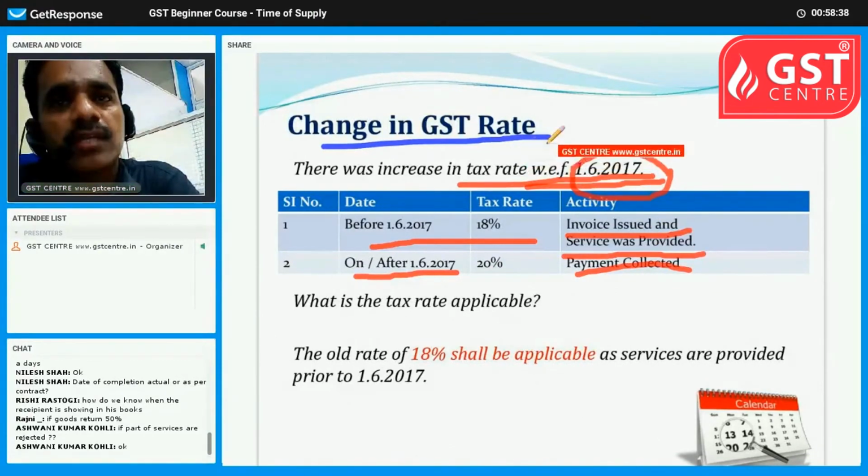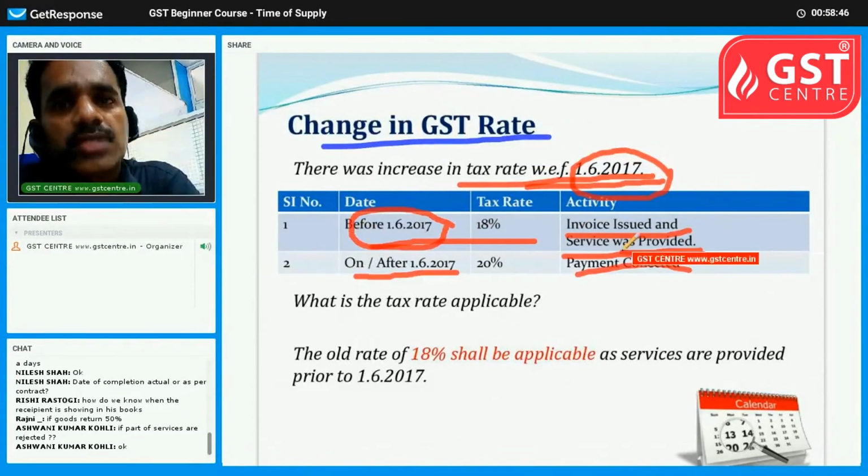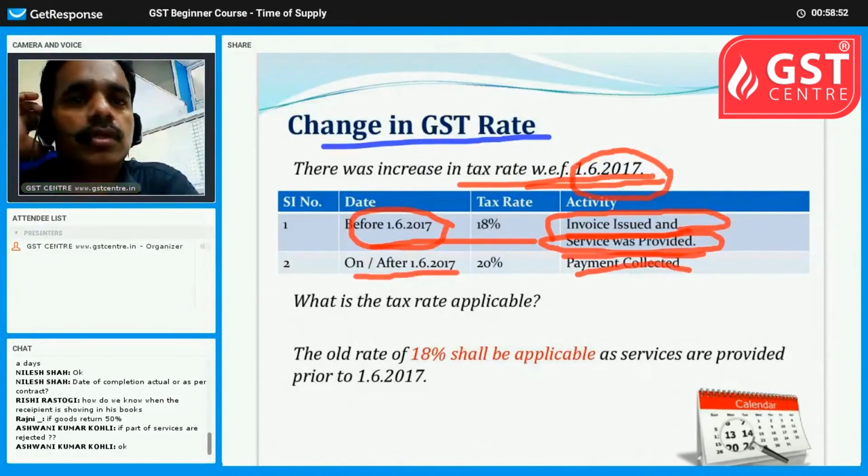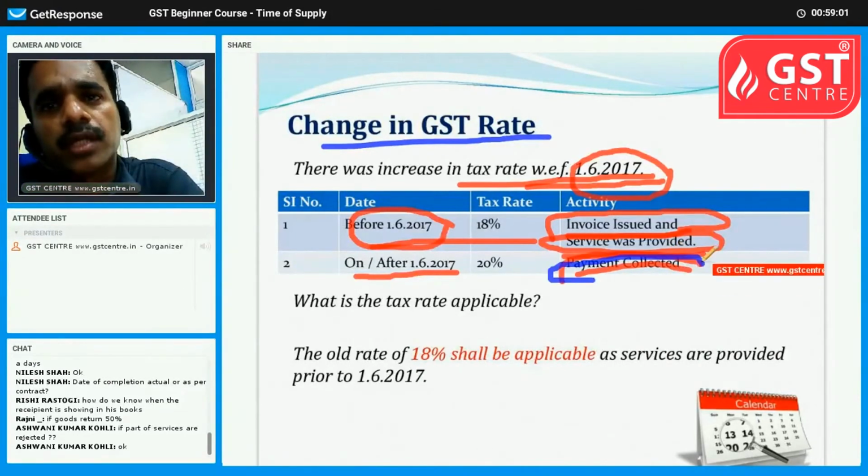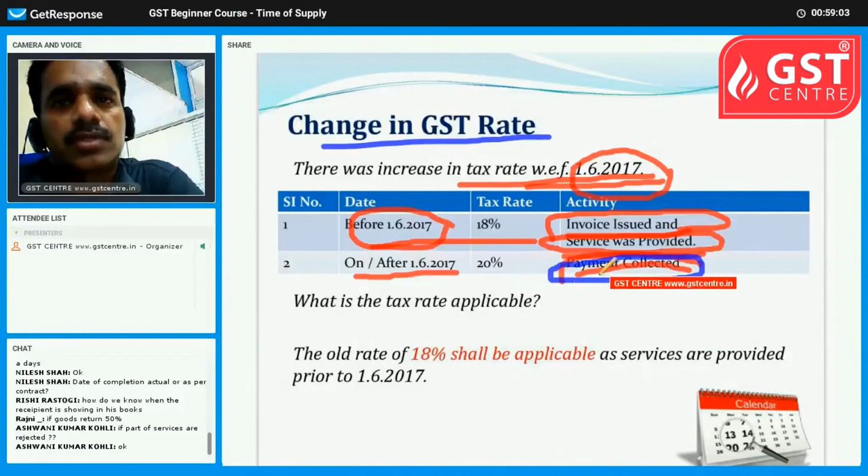You got the point? There was an agreement between the supplier and customer, and before 1/6/2017, the service was provided as well as the invoice issued for the services provided. But only after 1/6/2017, payment was received by the supplier.